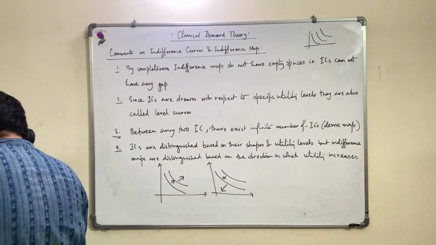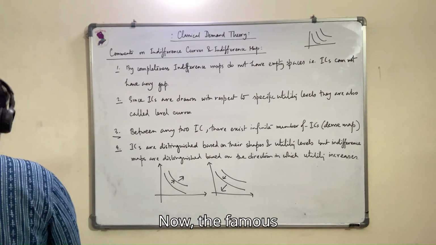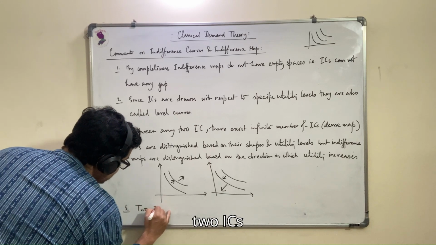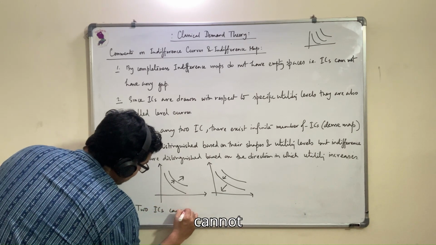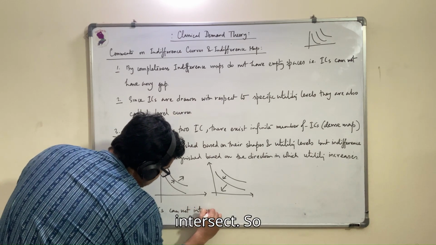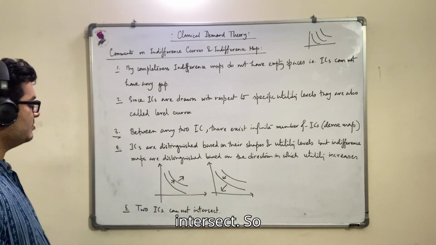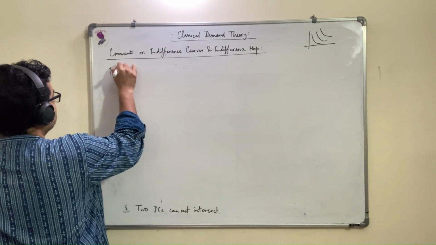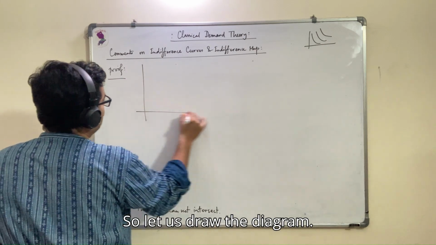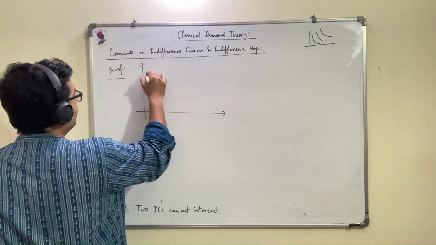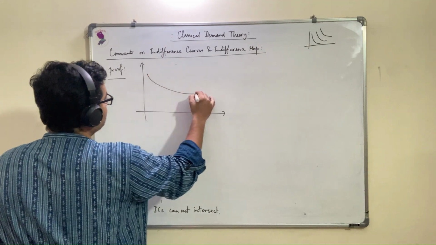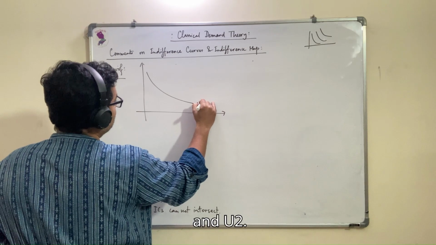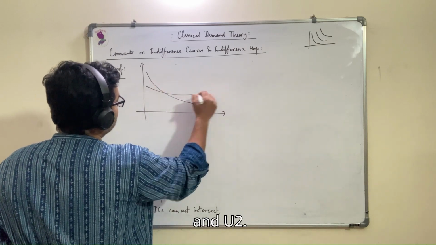Right? Okay. Now the famous one, the last one, that is 2 ICs cannot intersect. Okay, so we are going to prove this one. So let us draw the diagram. 2 ICs. So let's say U1 and U2.